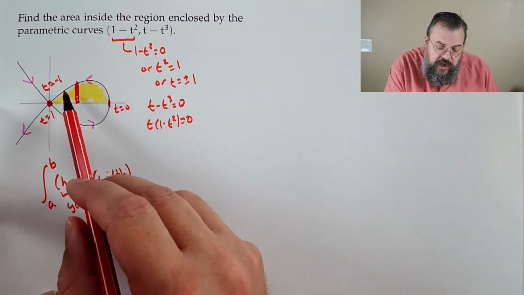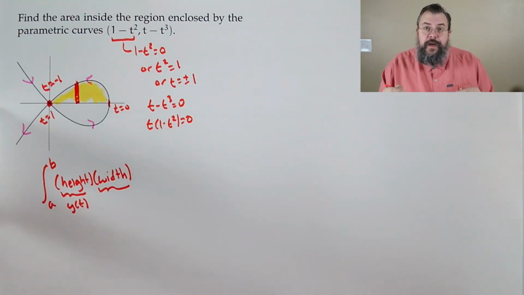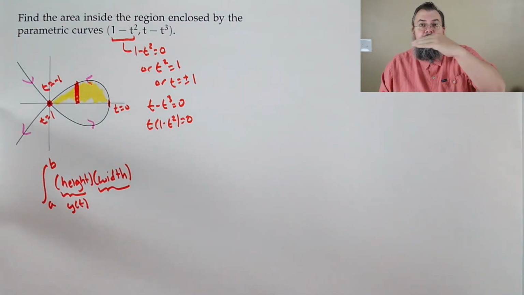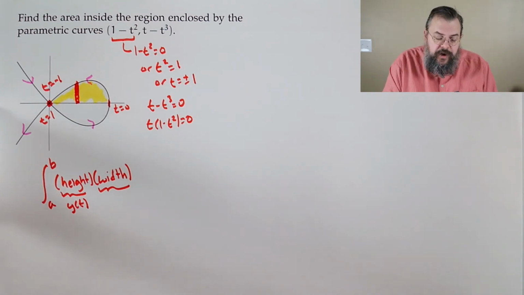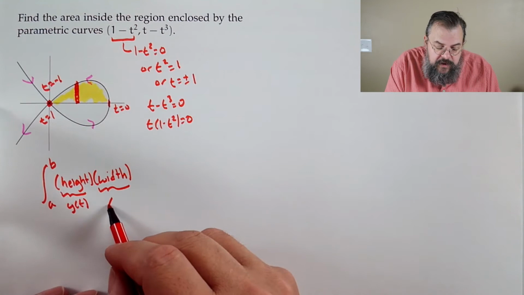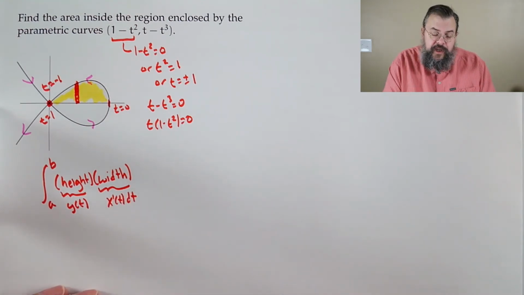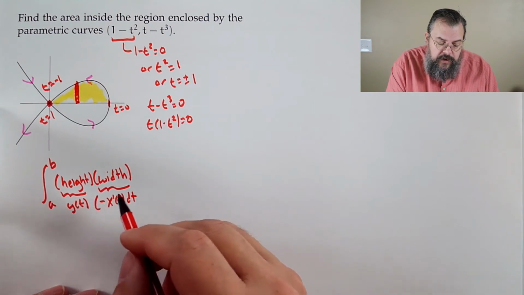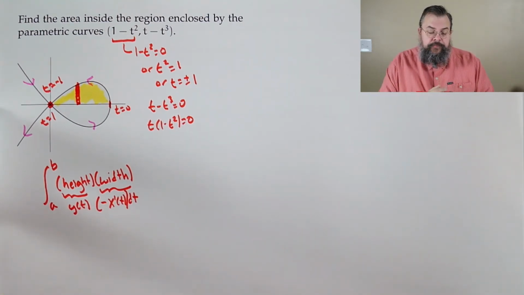Now, take into account orientation, because we're going in the wrong way. We're going from left to right as we move along the top part. So our width, normally we'd say it's x prime of t dt, but because of orientation, we need to correct that. So there's a negative x prime of t dt.